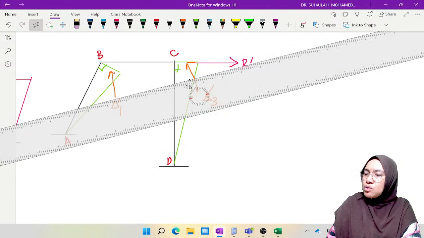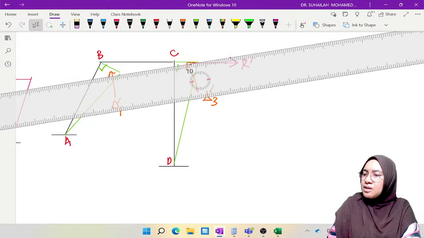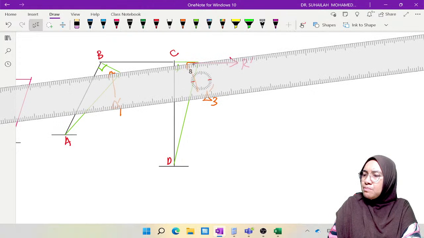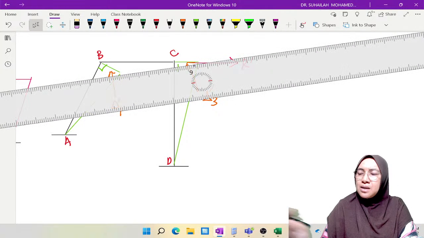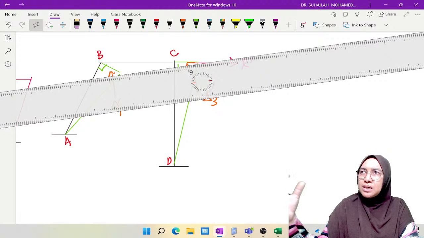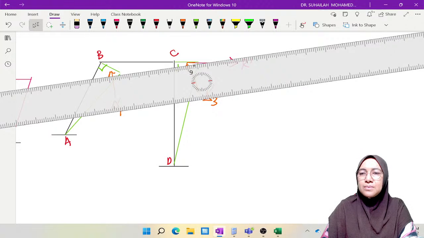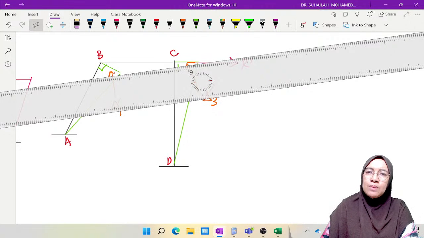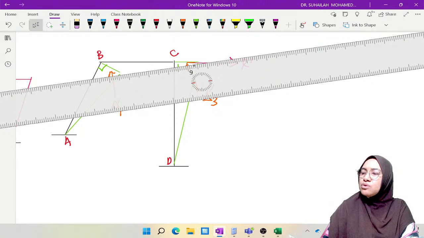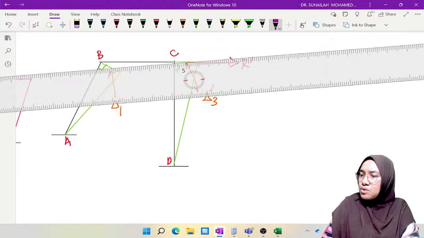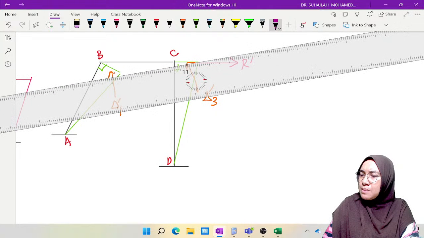Because we need to join these two points, B prime and C prime. B, after sideway, moves to a new position called B prime. C, after sideway, will move to a new position called C prime. So we need to join this position, B prime to C prime.